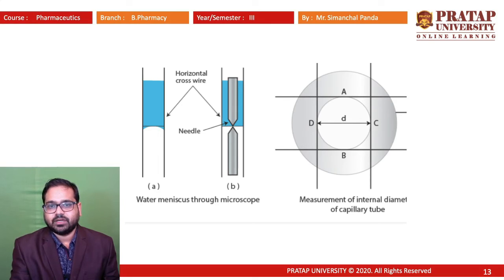Here we have taken a needle and a horizontal glass, and we can see the water meniscus. This is the vertical capillary, and the diameter is small d. The box is ABCD, and the needle is present for measuring the initial diameter of the capillary tube.